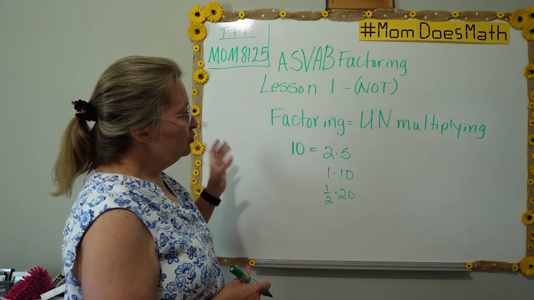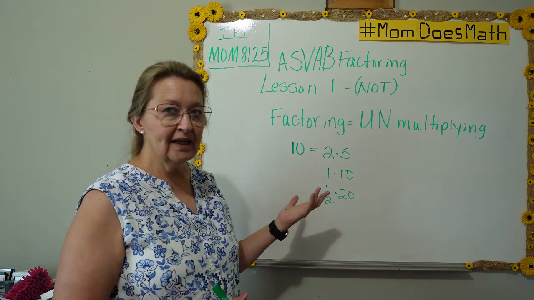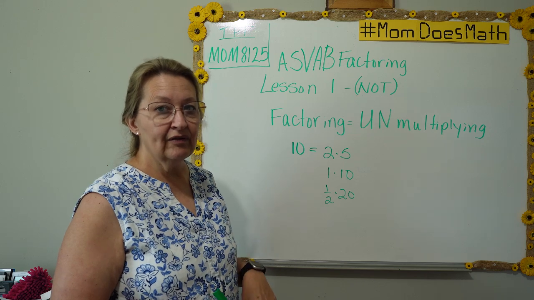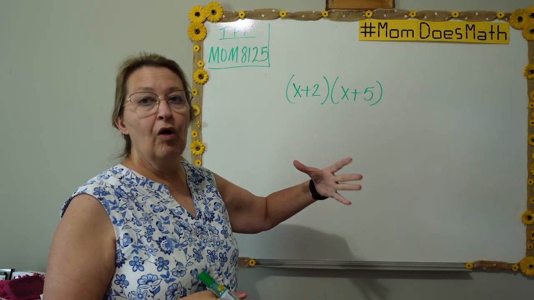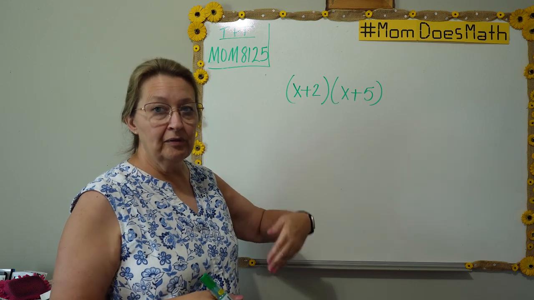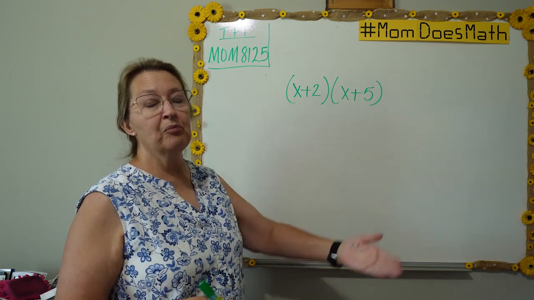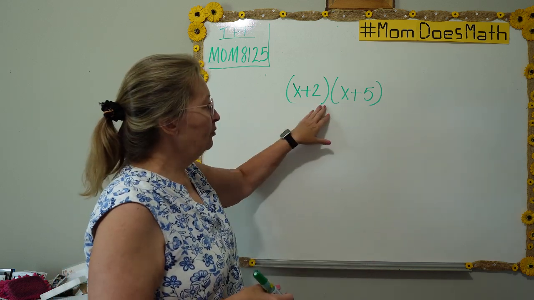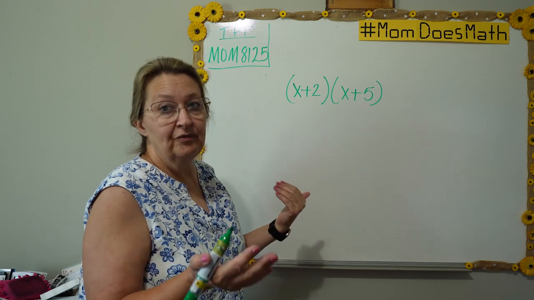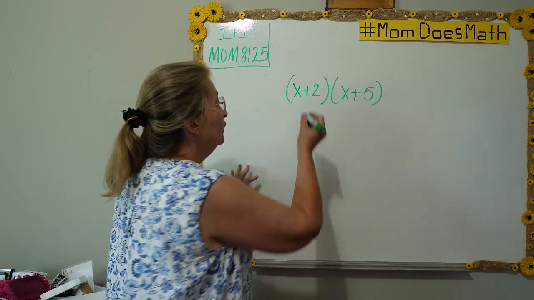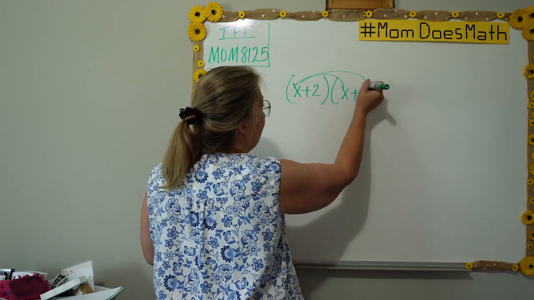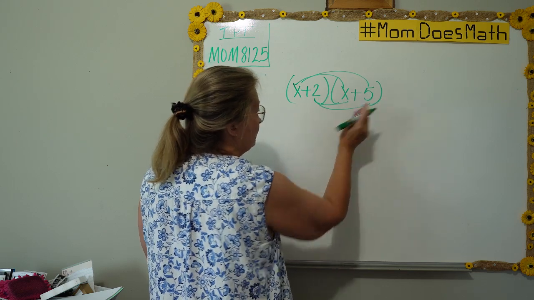Now, when you try to factor a quadratic, that's a whole other story, isn't it? Let's just have a look at this problem. Since factoring is unmultiplying, it helps to be able to multiply. How would you multiply this? Use the full method, if you remember that word, making sure you multiply both of these times both of those.